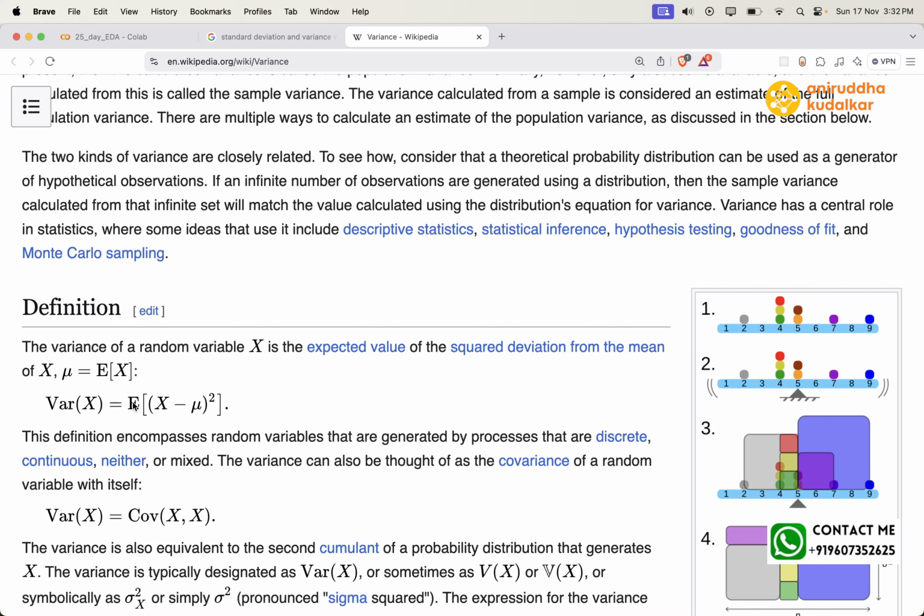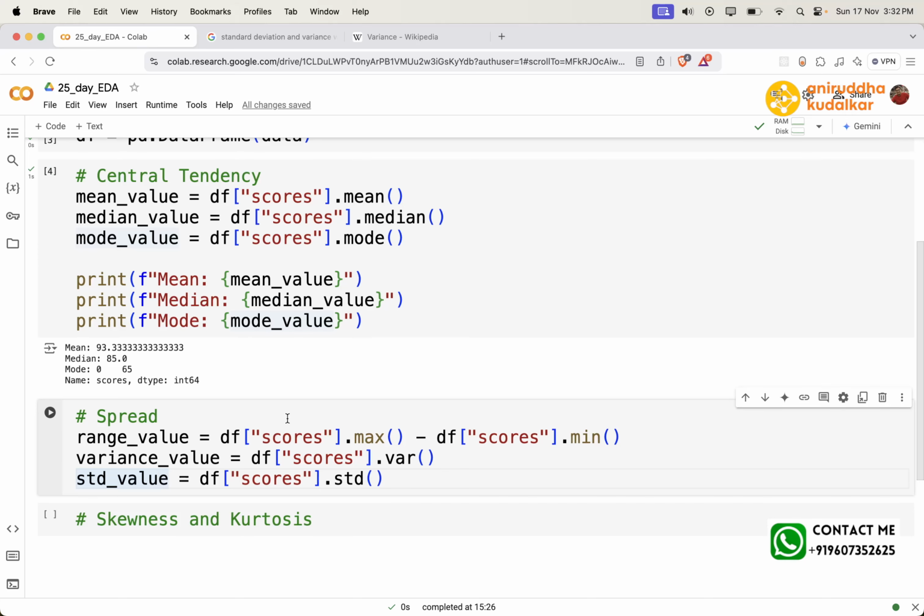This is the E, and this is your array. This is the standard deviation we got, and if you square it, you will get the variance. Now how do you calculate the variance?